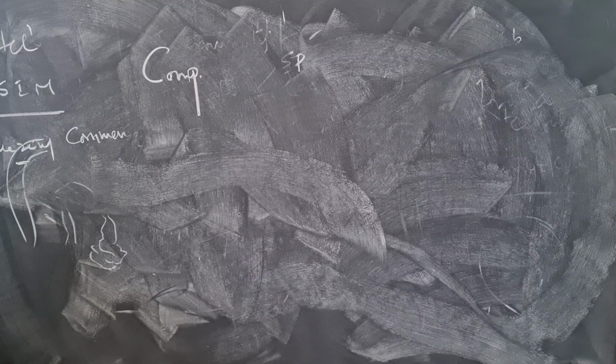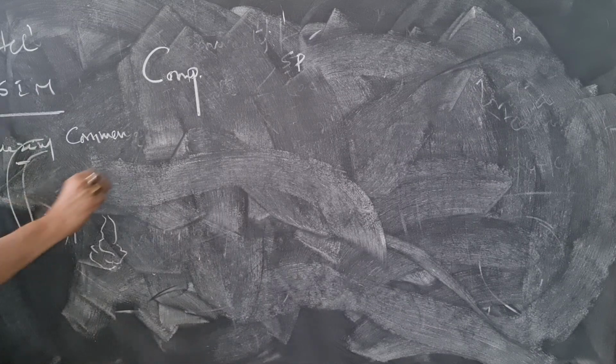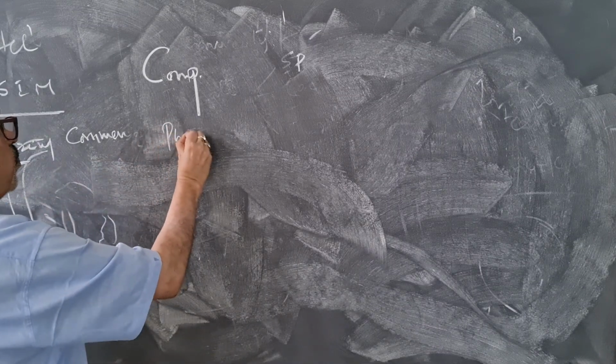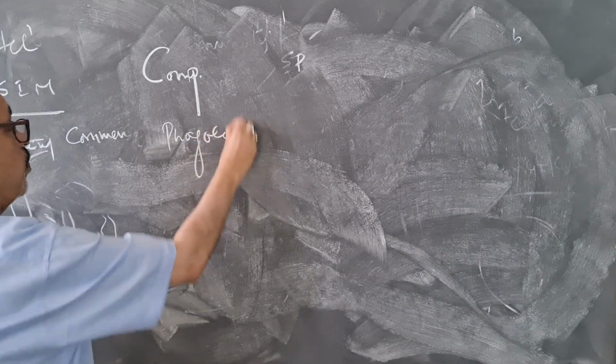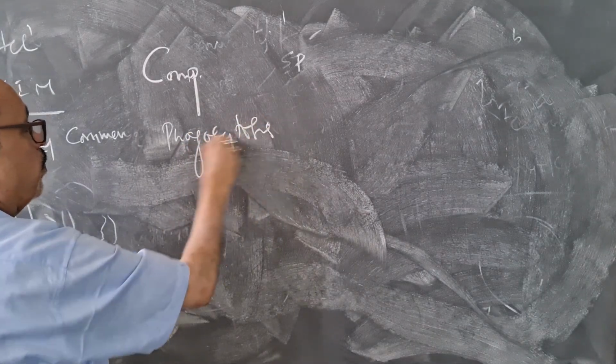The next is phagocytic organisms. There are macrophages and neutrophils, polymorphonuclear leukocytes. Phago is eating. What they do is phagocytosis.